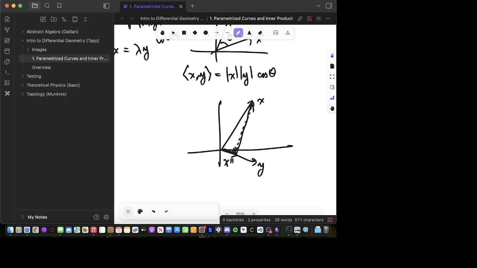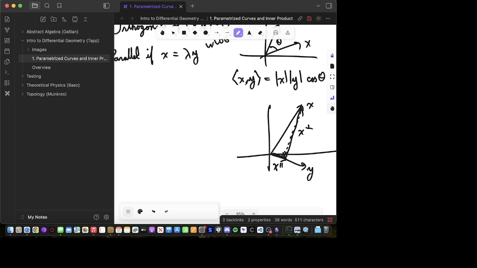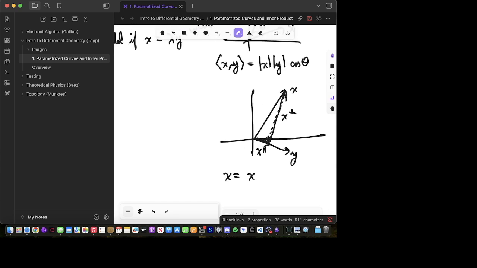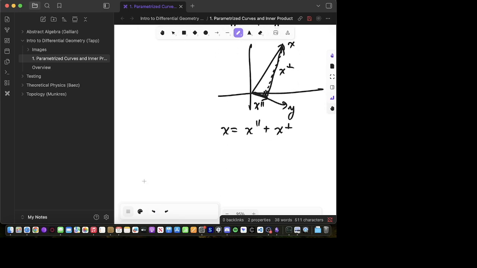As you can see here, x is equal to this plus that. And this vector is parallel to y, and this one is orthogonal to y. We call this the projection of x in the direction of y.